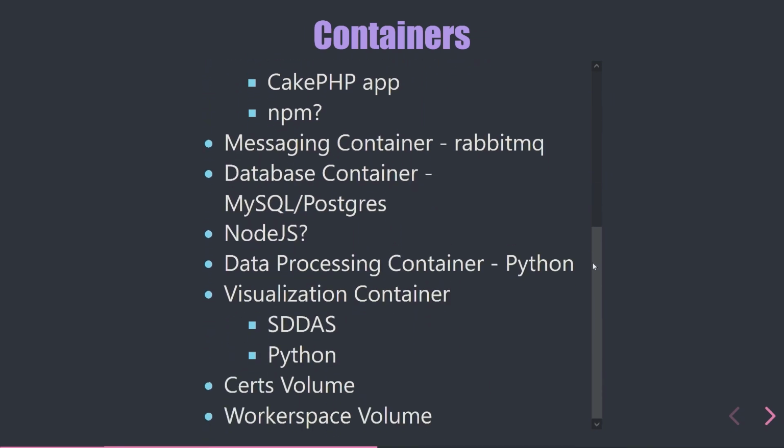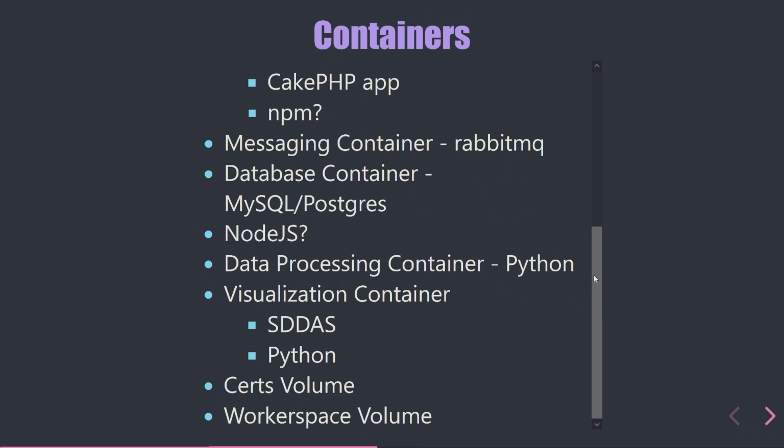And we ended up not using NPM for anything and just doing everything server side with HTMX, so not having to do JavaScript rendering or client-side rendering. Then we needed a messaging container to communicate between all these different parts. So we went ahead with RabbitMQ, and then databases, MySQL and Postgres.